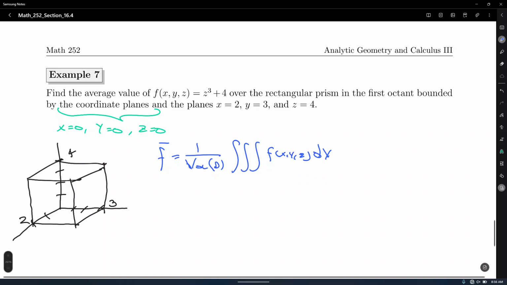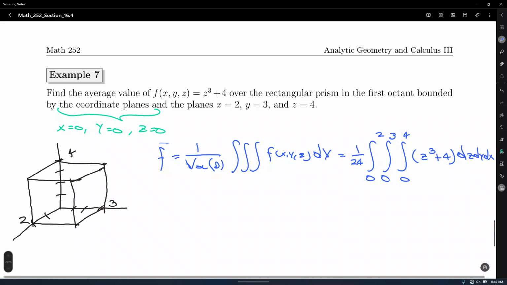We have a pretty nice rectangular box for which we can get its volume by just multiplying length times width times height, right? 2 times 3 equals 6, times 4, 24. So 1 over 24 times the triple integral, from 0 to 2, 0 to 3, and 0 to 4, for the function z cubed plus 4. Because we iterated in this order, we're going to write dz, dy, dx. All right?